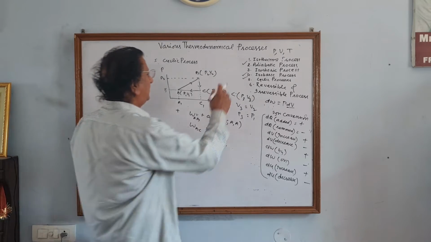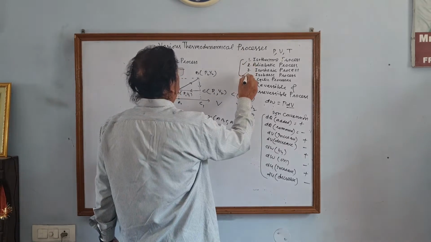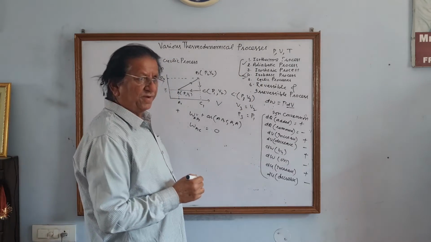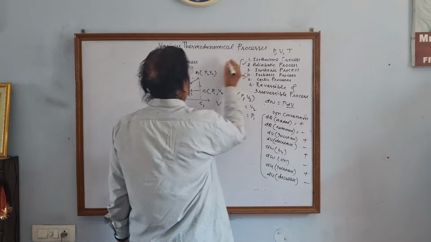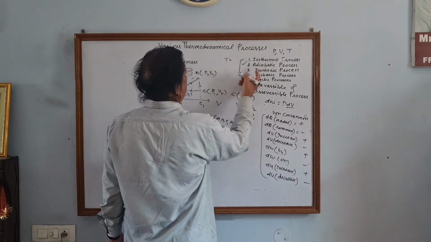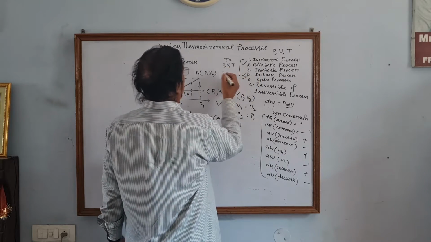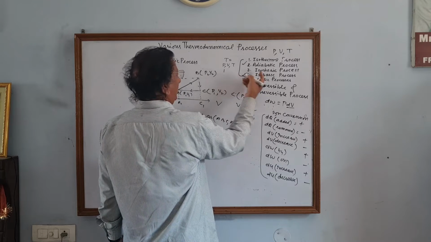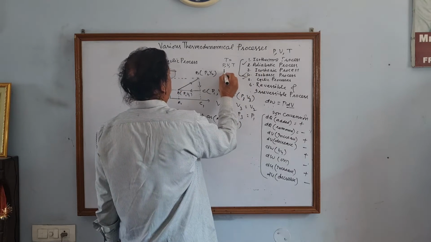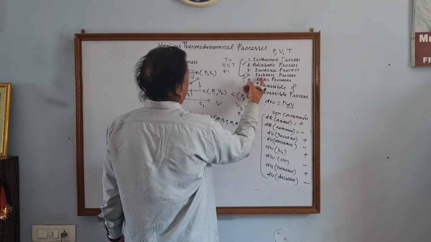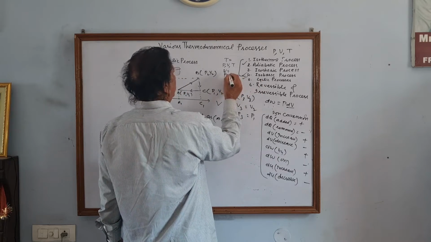Okay, then out of these processes, find out in which case volume is kept constant. In isothermal, T is constant. In adiabatic, nothing is constant. In isochoric, volume is constant. And in isobaric, pressure is constant.